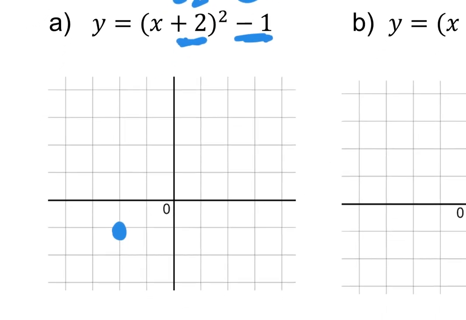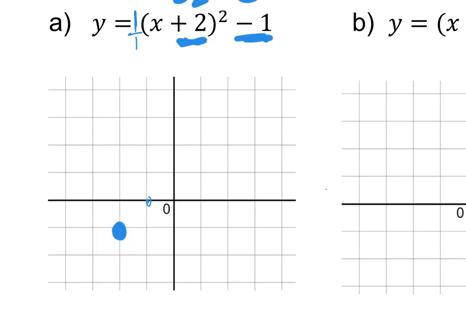Well, we look at this number, which is our A, right in front of that parenthesis. Nothing is written here, but we know there's a 1 in front of it. It's an invisible 1, which is like 1 over 1. So for our next point, we go up 1, then to the right 1, to the left 1.